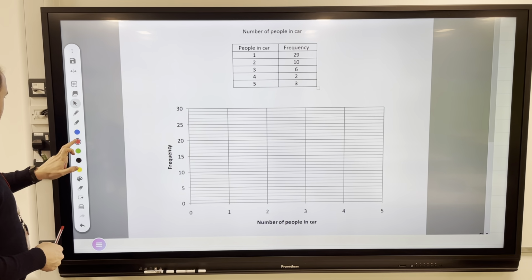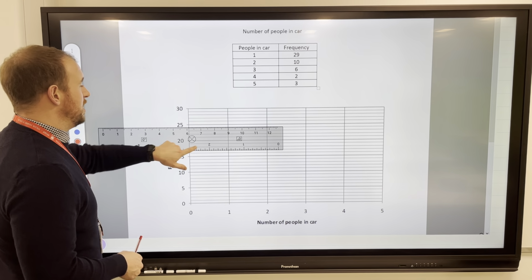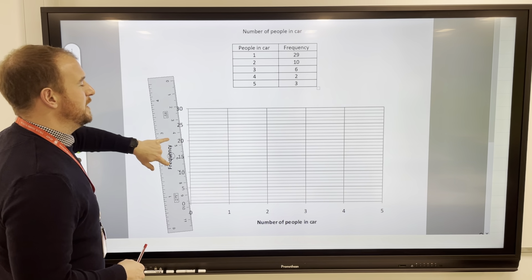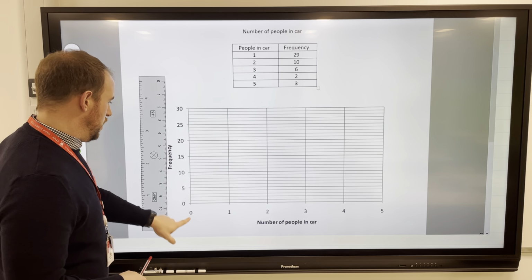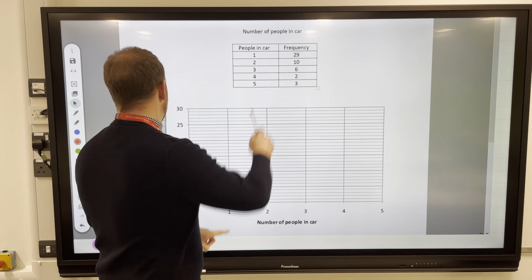So we need a ruler, and I'm going to use a red pen for the purpose of the video to make sure it's nice and clearly visible for you all. So one person in the car is 29.